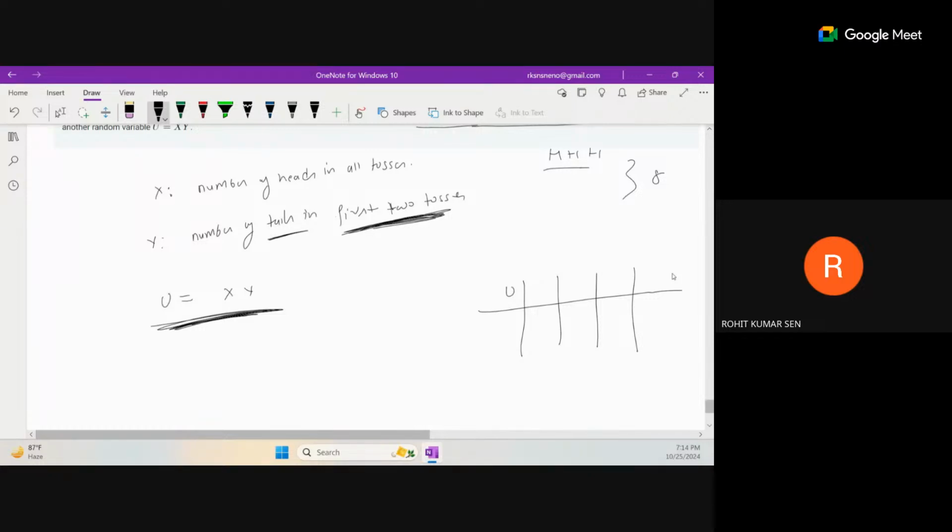First I will try to get my joint distribution for X and Y. Once I get the joint distribution for X and Y, I can make the distribution of XY. So first I need to build up, then I will follow the same approach that I followed in the previous question, till my approach is clear to everyone.